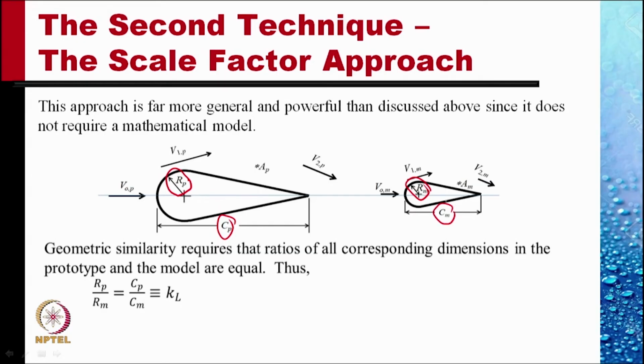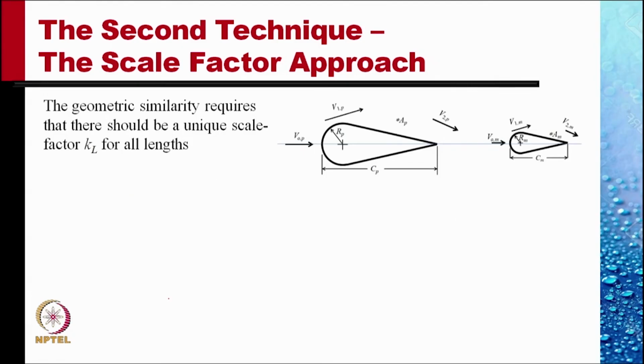And let that ratio be represented by K sub L. This is read as scale factor for length, K sub L. This is the ratio of the length of the prototype divided by the length of the model. So, in other words, the geometric similarity requires that there should be a unique scale factor KL for all lengths, whatever be the lengths.